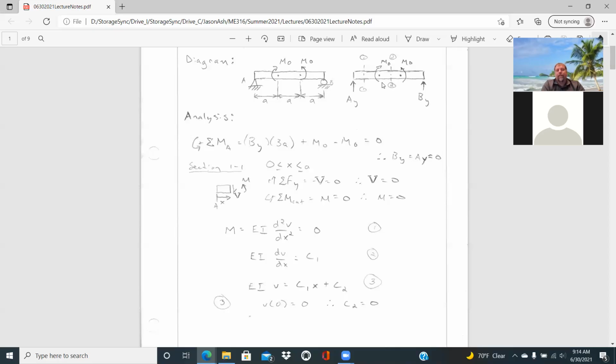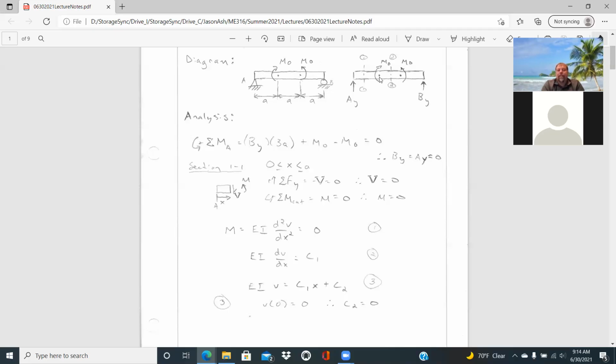The one thing that we do know as we continue on is that at a distance x equal to a, for continuity to be satisfied, that displacement would have to be the same on the left and the right hand side of this point. And then same thing for the slope.